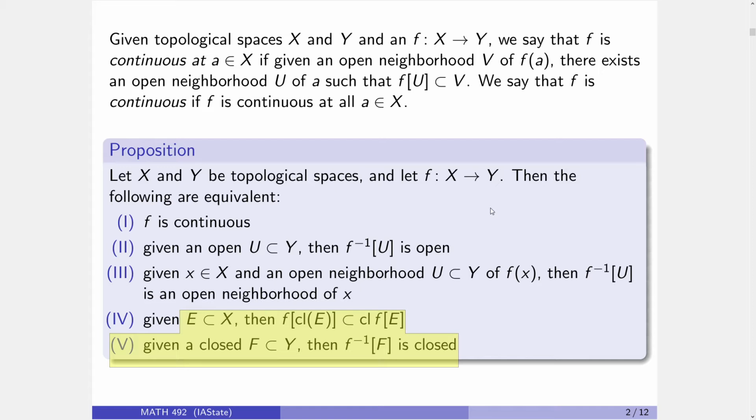All right, so we are now going to prove that continuity here lines up with what we proved for the reals. The inverse image of open sets is open. Beautiful. All right, so let's note here, I've got 5 things that I'm claiming are equivalent.